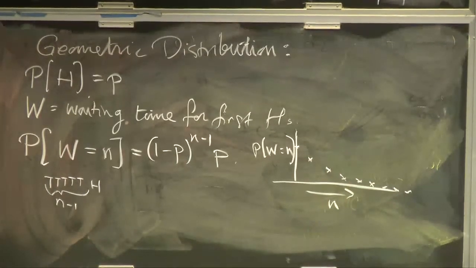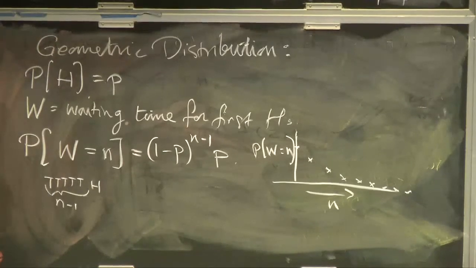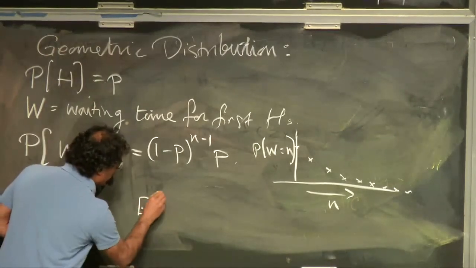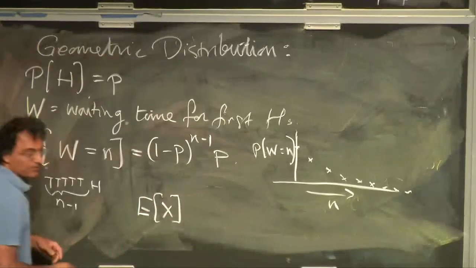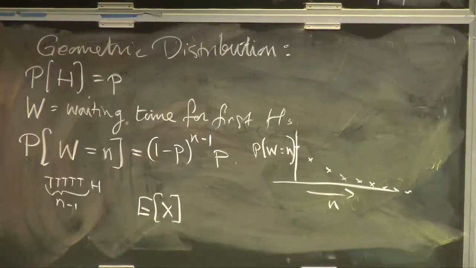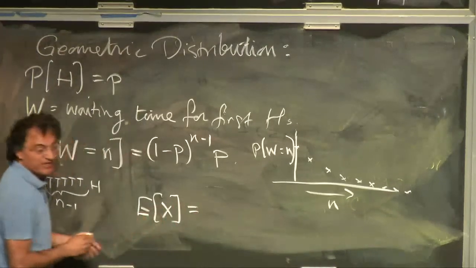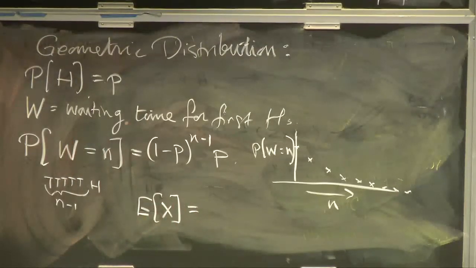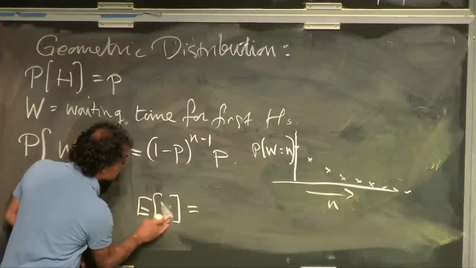Now we could also compute the expected value. Again, that's the probability distribution. We can talk about what's the expected value of W. Now there were different ways of computing this, and one way was the slick way. Remember, there was a very slick way where he said, what's the expected value of W?